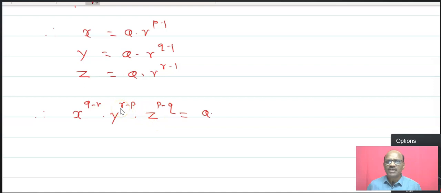That is, y is equal to a into r raised to q minus 1, then we'll make here bracket raised to r minus p. And next is z is equal to a into r raised to r minus 1, bracket raised to p minus q.